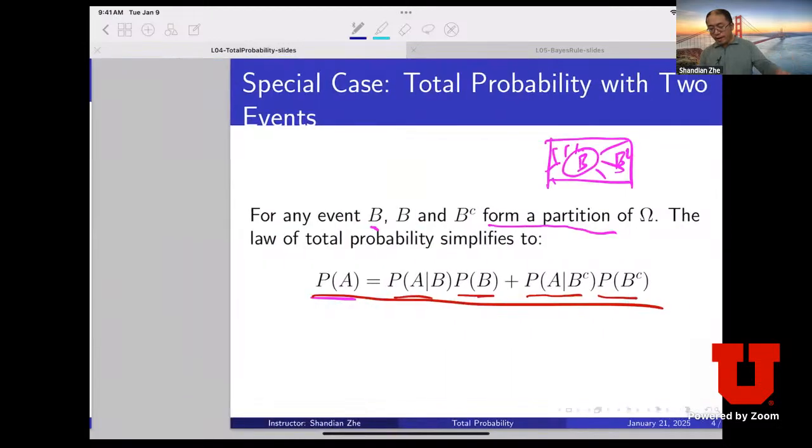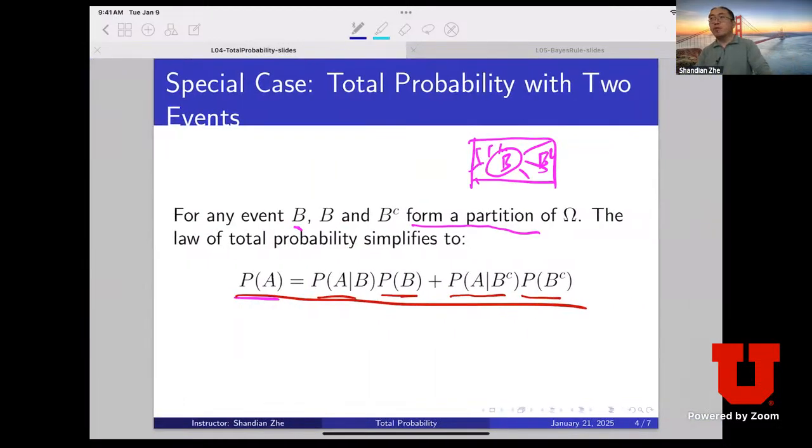And then one very useful simplified version is to consider just one other event. For any event B, we consider B and B complement. Remember, B and B complement, their union will be the whole sample space, and B and B complement won't overlap.